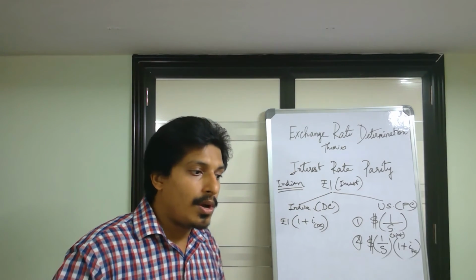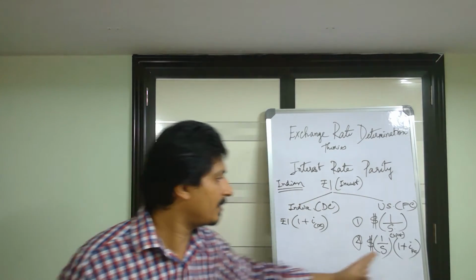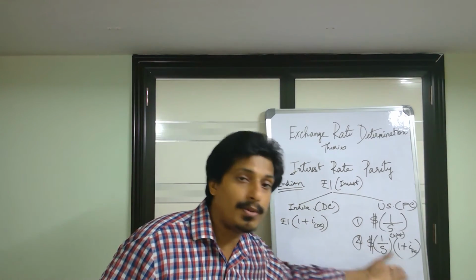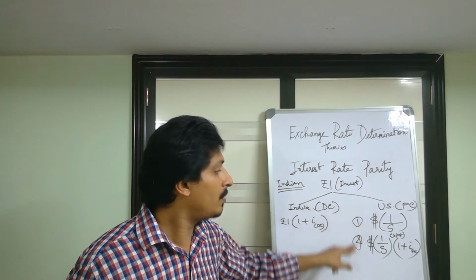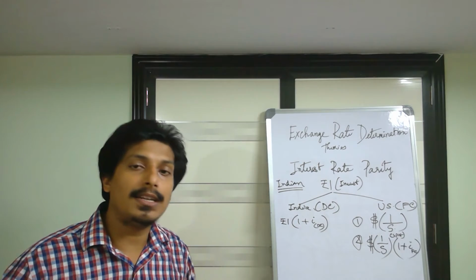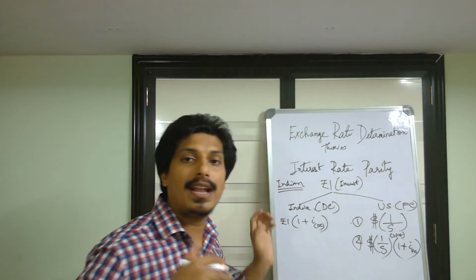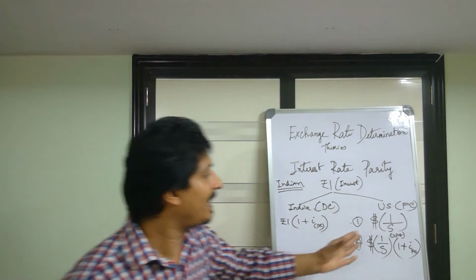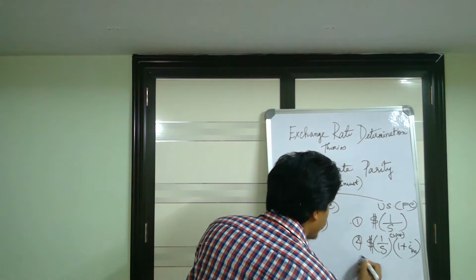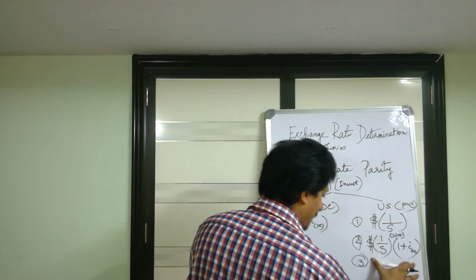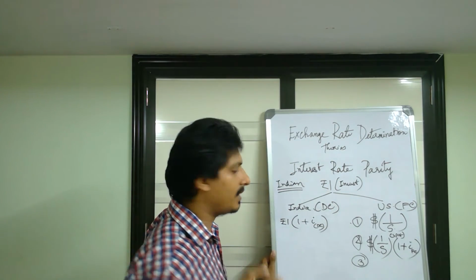In order to hedge this foreign exchange risk of conversion, the risk of loss of value because of conversion, you can enter into a forward contract today. Here at this point, you enter into a forward contract and hedge the foreign exchange risk. How will you enter into a forward contract? All this will be multiplied by the forward rate.